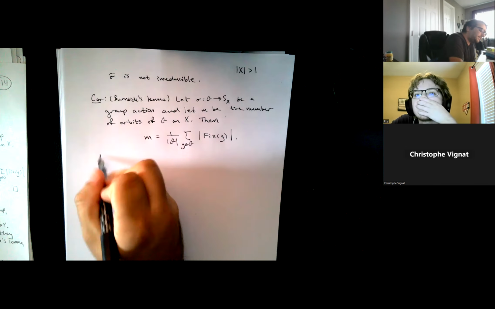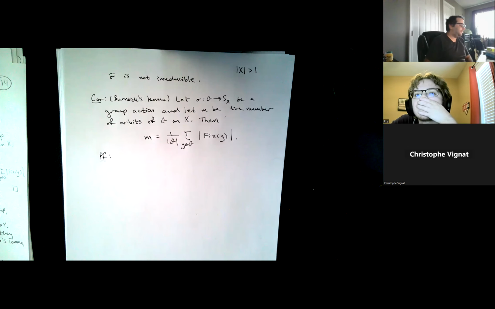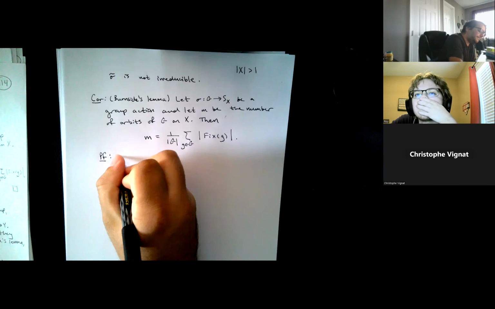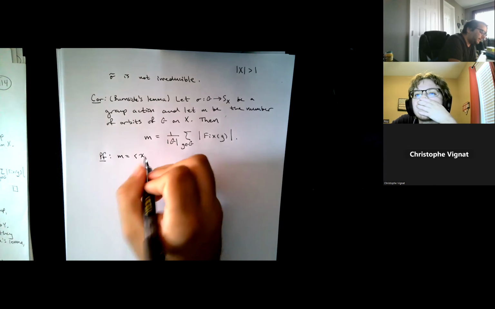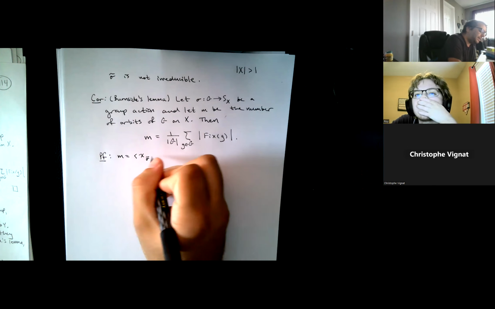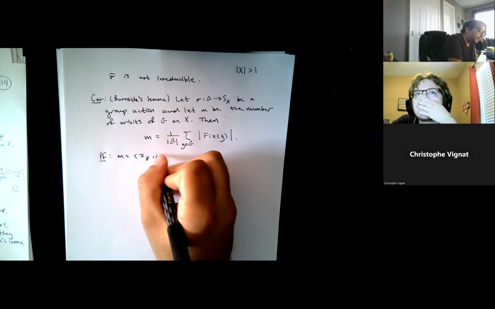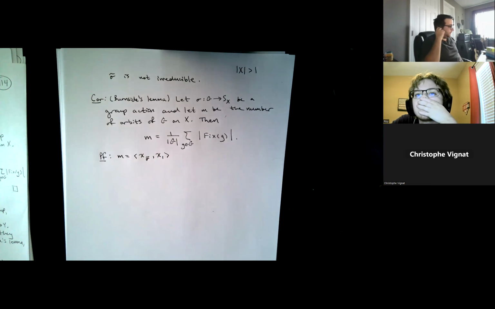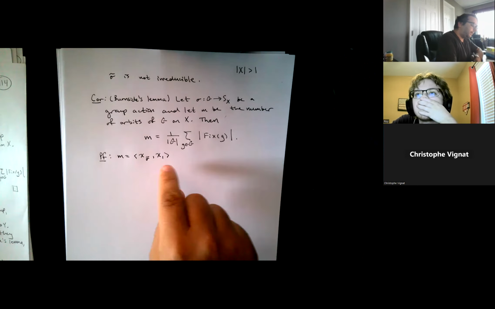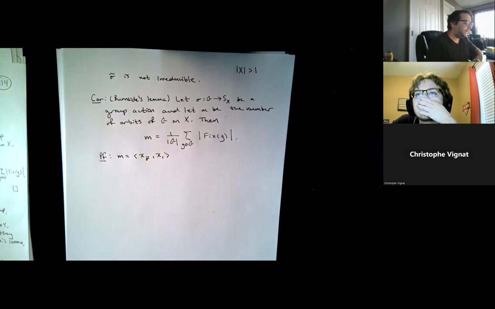And now here is the very simple proof. M is the inner product of the character of the permutation representation with chi1. So why is that the case? Well, this is the number of trivial representations.